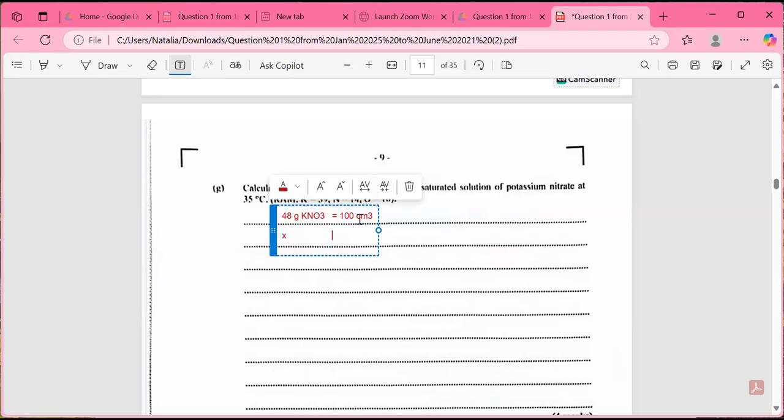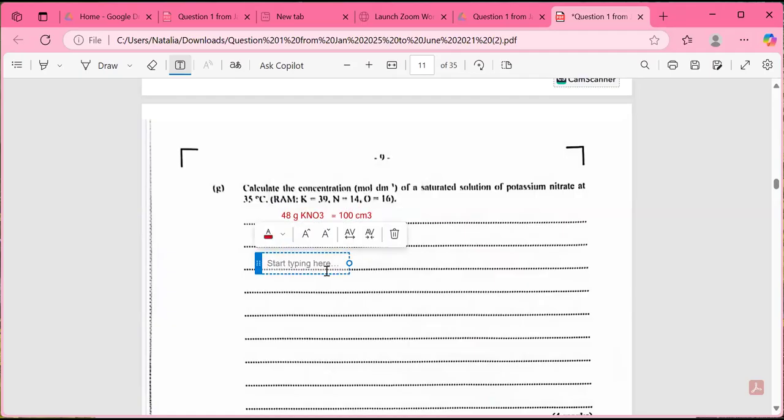So x grams is in 1,000 centimeters cubed. We're going to cross multiply to find x. Clear? So 48 times 1,000 equals 100x. We want to get x by itself, so we're going to divide both sides by 100.